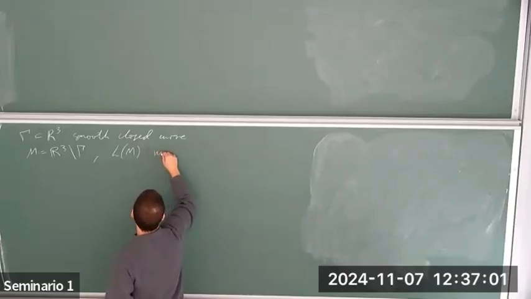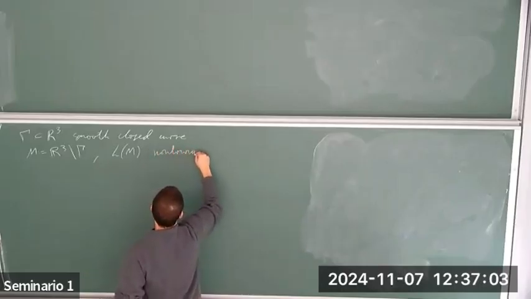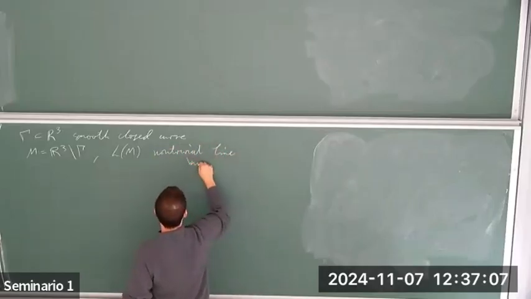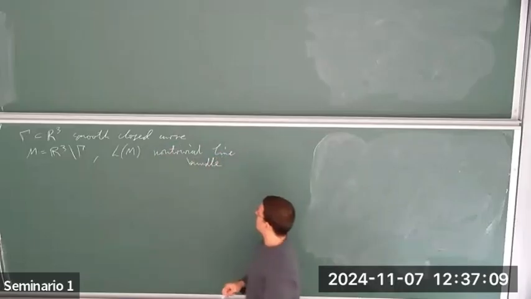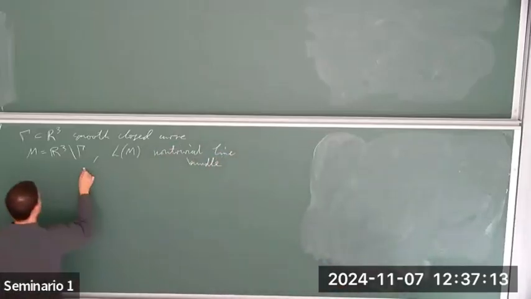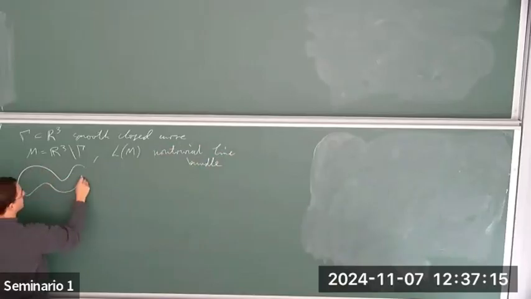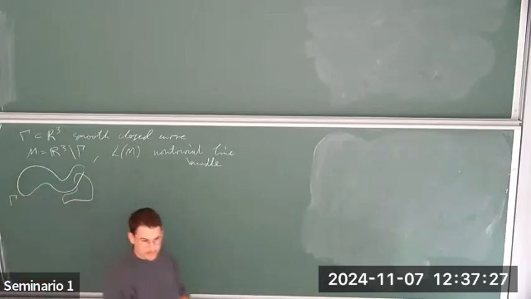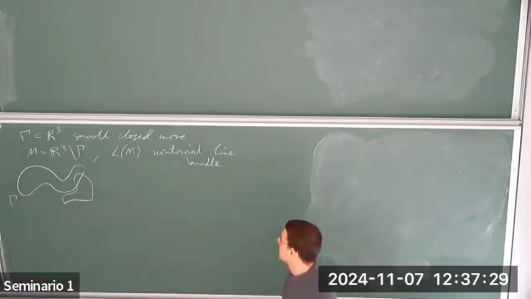So this is a non-trivial line bundle, and the characterizing property of L, say this is our curve gamma, possibly with some connected components, possibly interlinked.